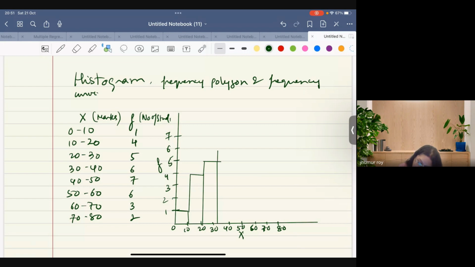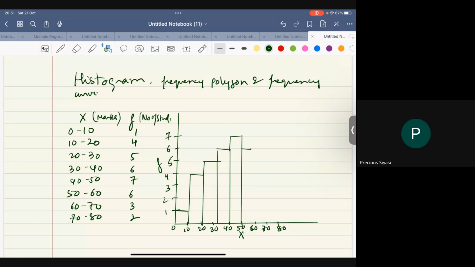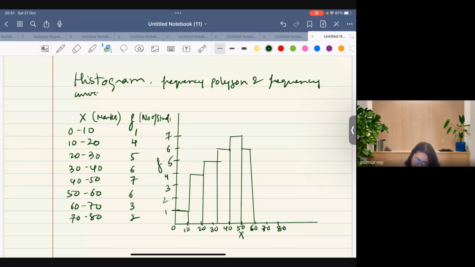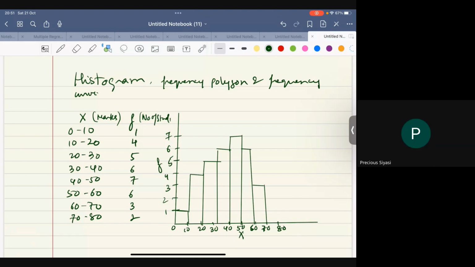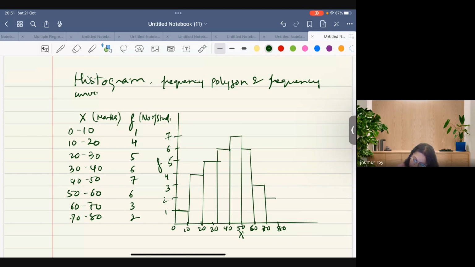The next is 6. Then 40 to 50 is 7. So here I am marking 7. Then 50 to 60 is 6. Then 60 to 70 is 3. And 70 to 80 is 2.